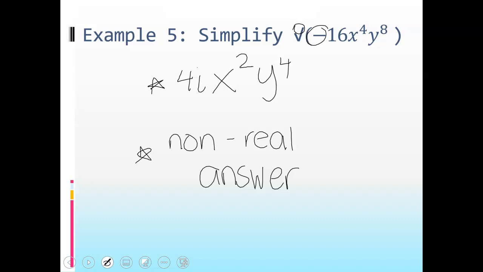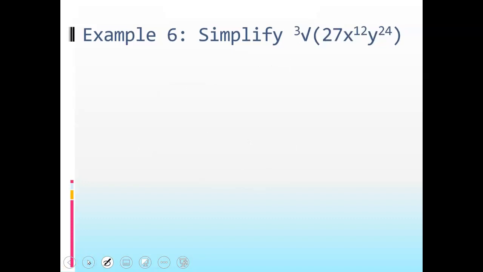If you said non-real answer, you would get points, but you have to put non-real answer. If you put both, then maybe I would give you a plus 10. Maybe it's a no.